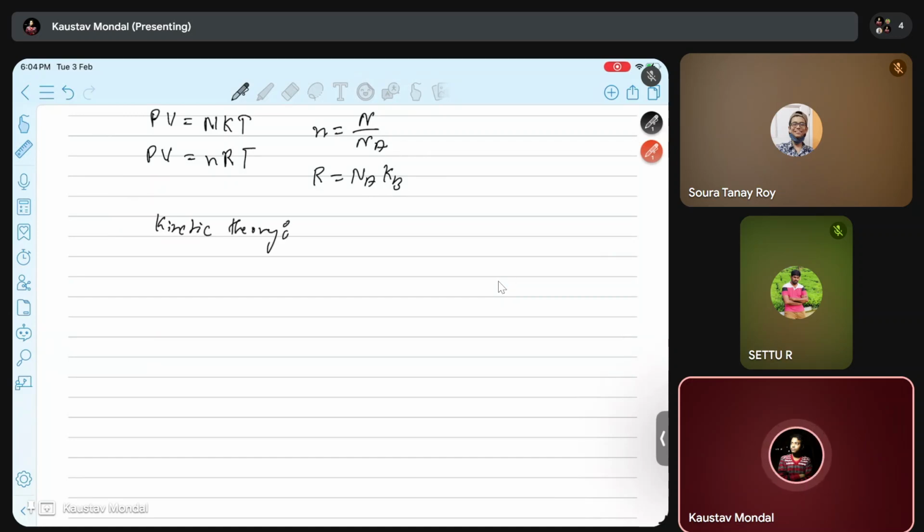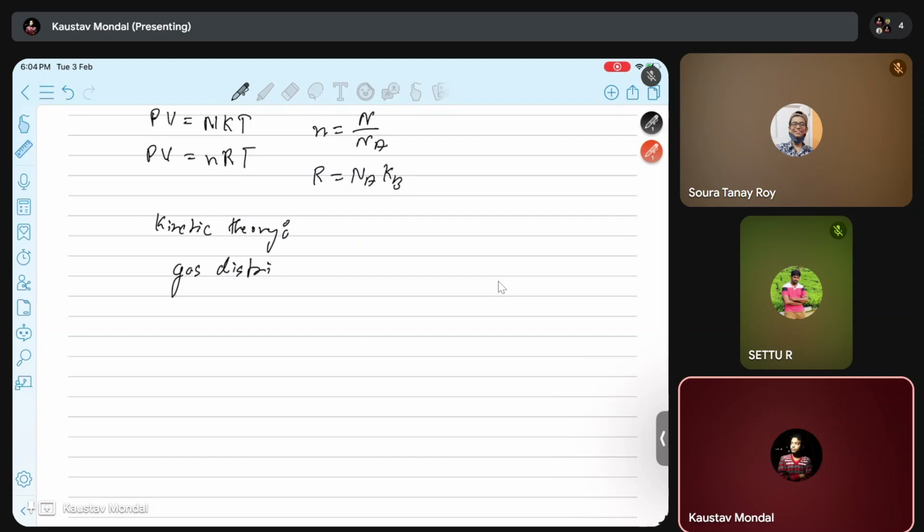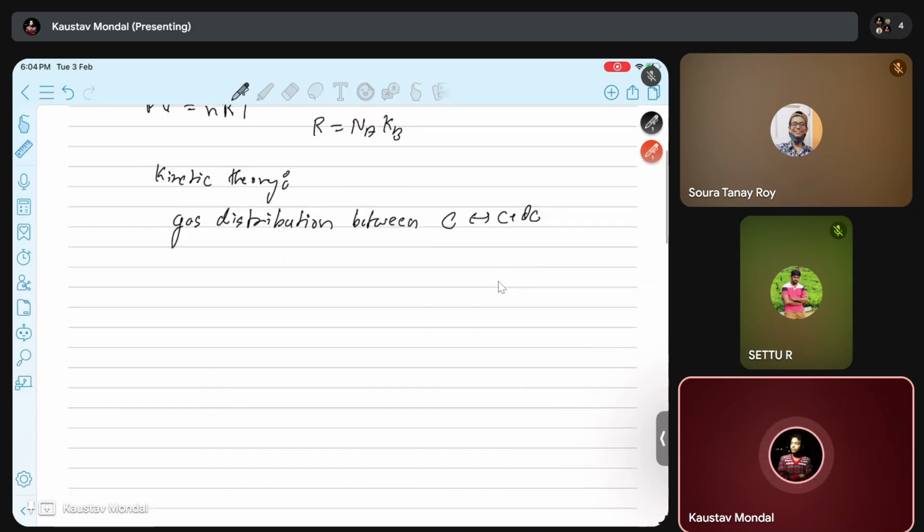From the kinetic theory, we developed the distribution, or the fraction of gas molecules that have speed between C and C plus dC, where C is the speed of the gas molecule in 3D.